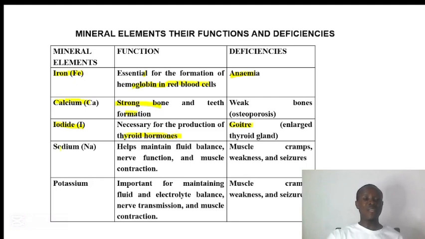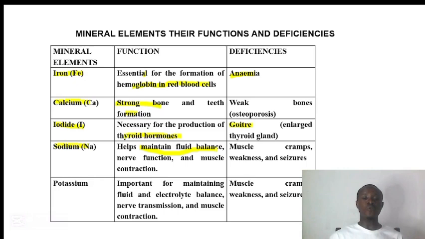Next we have sodium. Sodium helps to maintain fluid balance. When we have a low amount of water in the blood, the nephron will cause the sodium to move into the blood. And whenever sodium moves into the blood, water will follow it.